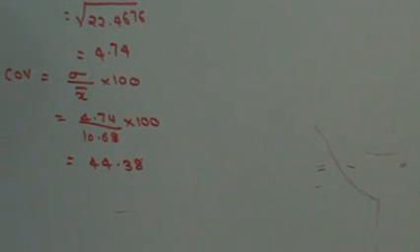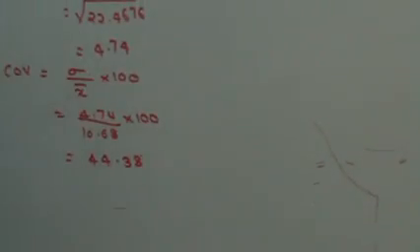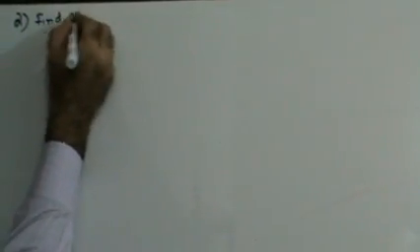Now, I'll give you a couple of sums of this kind to solve on your own. I'll write this on the other side. This is the next type of sums that we have. Question 2: find standard deviation and coefficient of variation.